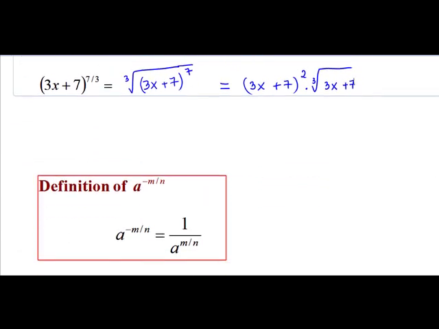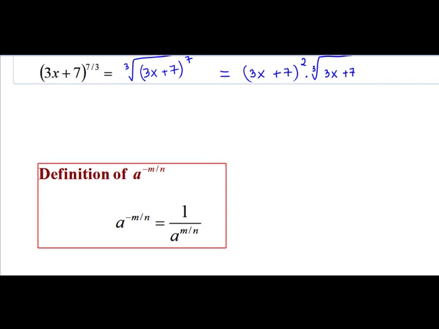Let's do the next topic. The definition of a to the minus m over n. Now, we do not like to have a negative exponent, so we can rewrite this as a positive by putting 1 over a to the m over n. This is very similar to the exponent law that we learned in the past. If you have a to the minus n, we can rewrite it as 1 over a to the n. In this case, our exponent is a fraction instead of a whole number.